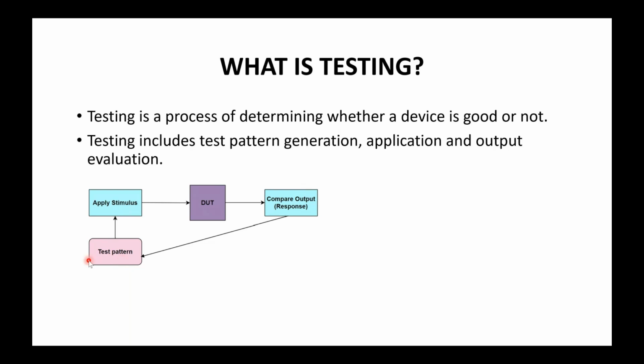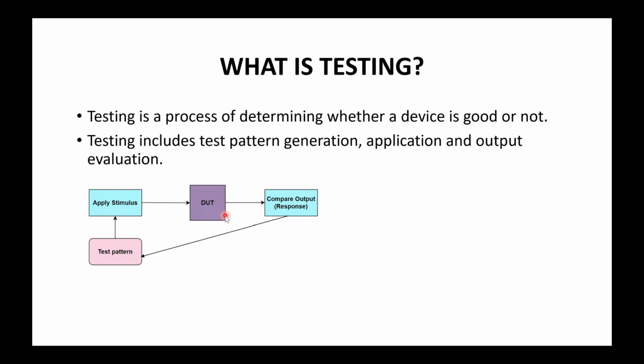These test patterns are given to a tester engineer. The tester engineer applies them onto the chip, and the output from the chip is compared with the expected response. In the test pattern itself, we have, for each input sequence, what the expected output must be.